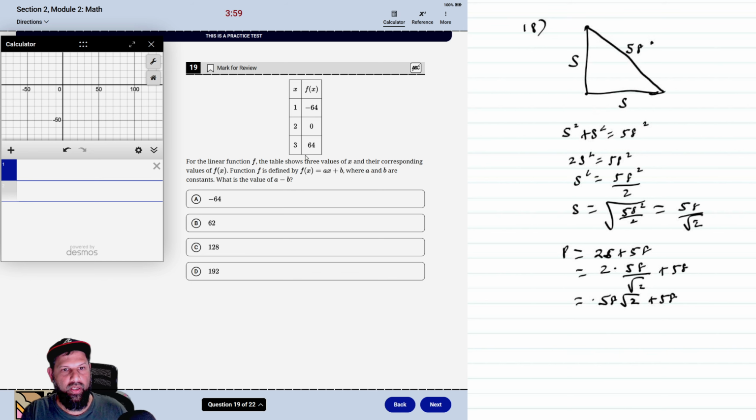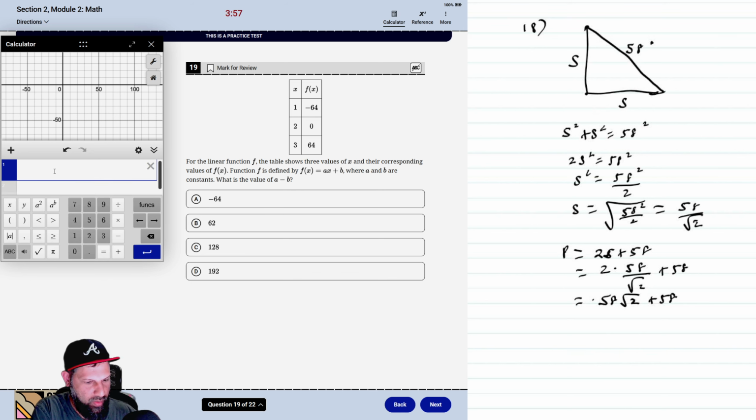We have this table. So again, we'll say 1, negative 64, 2, 0, and then 3, 64, and that's that.